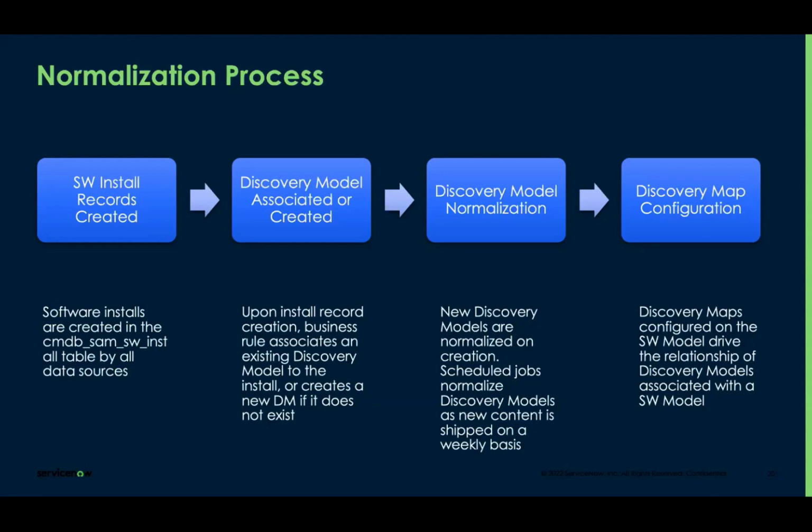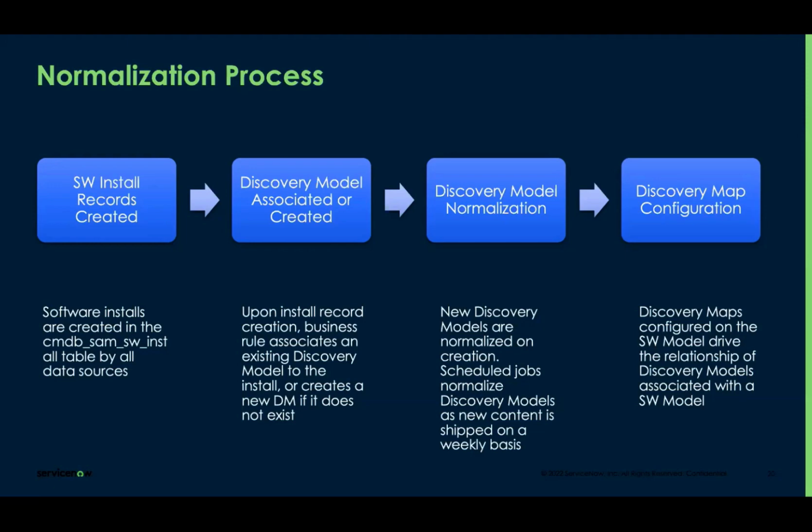Those software installation records are getting created constantly, right? From there, we'll take that discovered software installation record, and the system will either create a new discovery model or link to an existing discovery model, right?